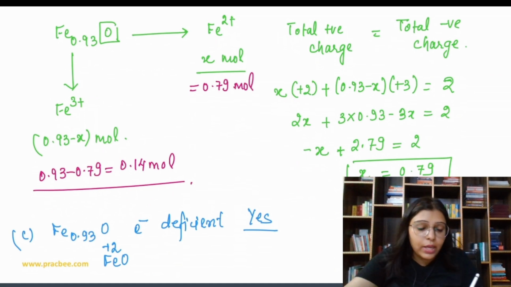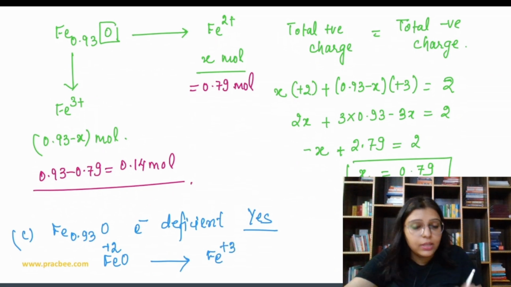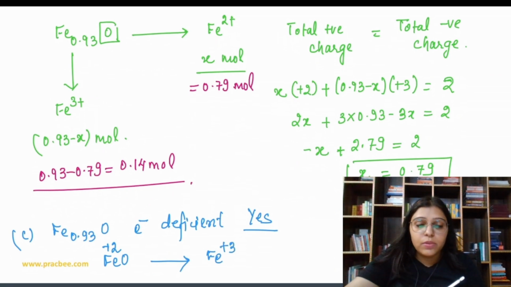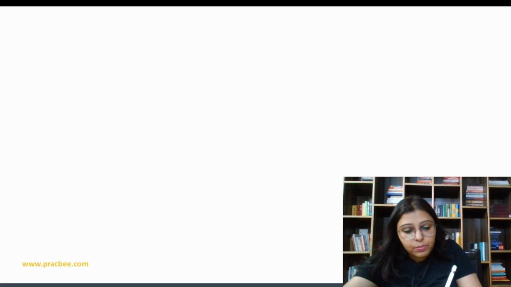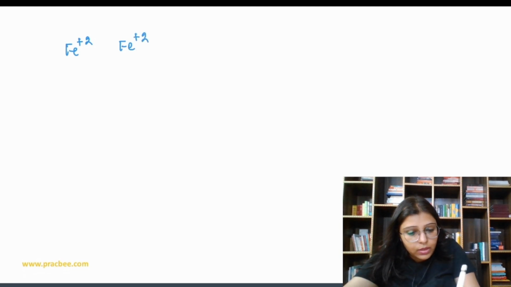So on heating, what happens? On heating, some part of Fe2+ is converted to Fe3+. And if some part of Fe2+ is converted to Fe3+, it means now we do not have more of Fe2+ in the system. See, just try to understand in that way. Suppose we have this Fe2+, Fe2+, Fe2+, and this is O2-, and O2-, kind of this situation.